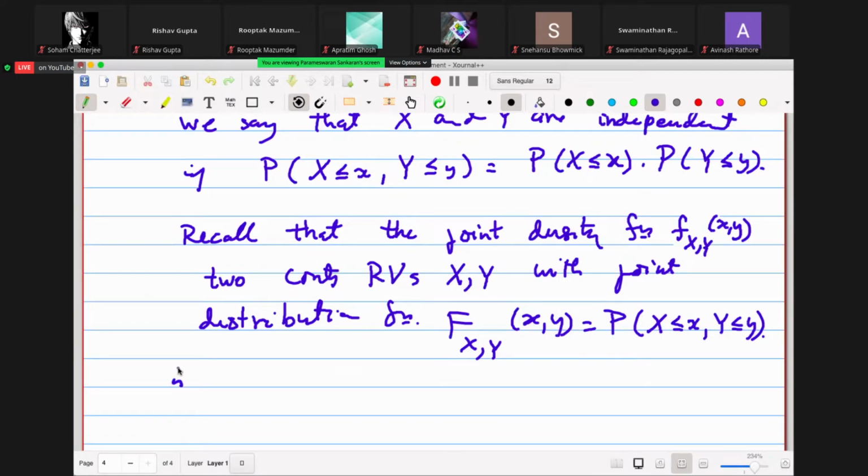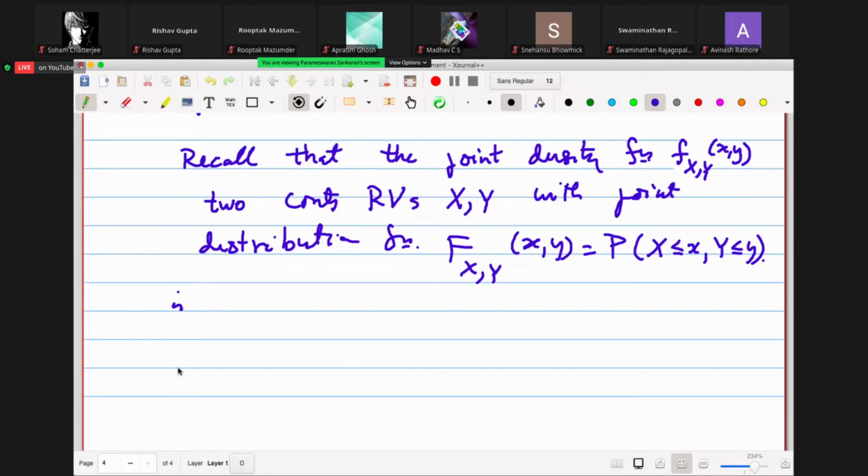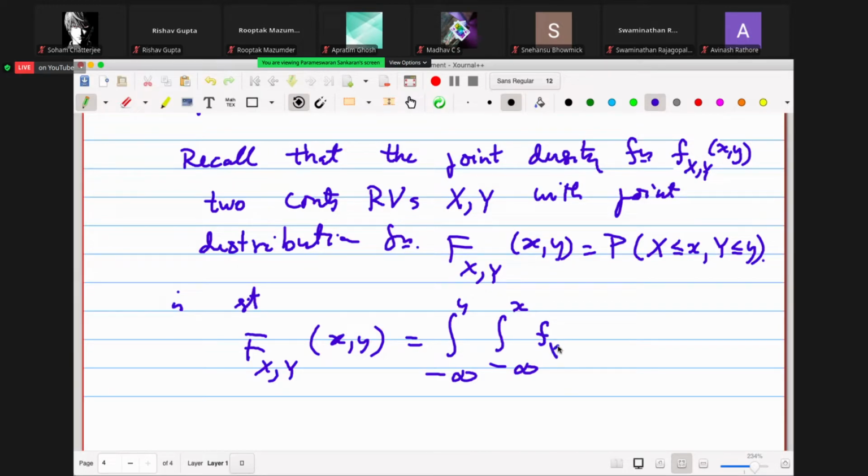It is such that F_XY of x comma y is equal to the integral from minus infinity to y, integral from minus infinity to x, of f_XY of s comma t ds dt.